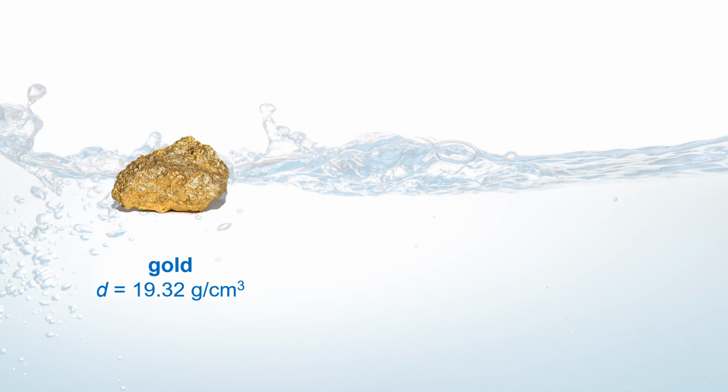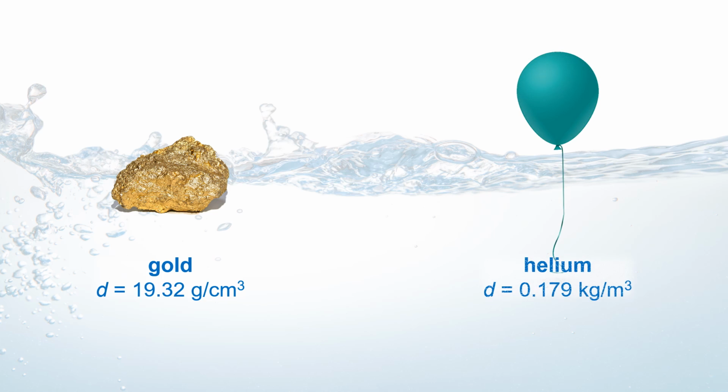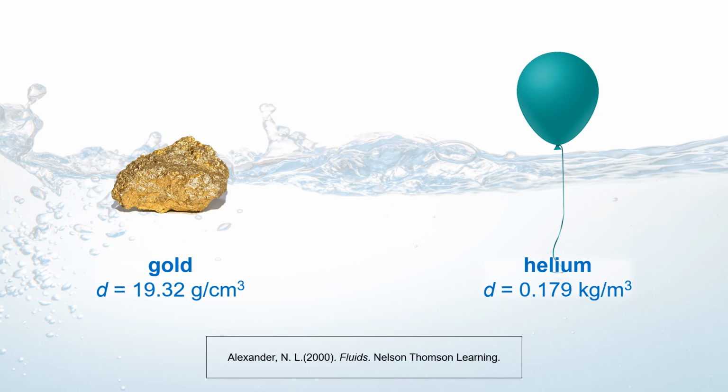A sample of pure helium, on the other hand, would have a density of 0.179 kilograms per cubic meter. You'll notice that the unit of measurement changed because now I'm dealing with a gas instead of a solid. These two substances, I have to admit, I cheated and looked up their density in our grade 8 science textbook, so I'm going to show my resource there.